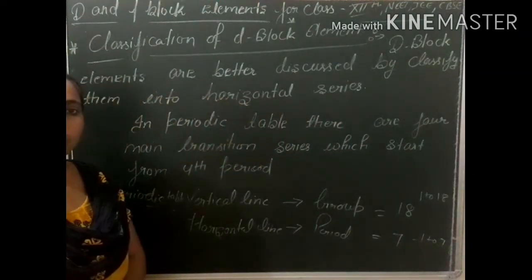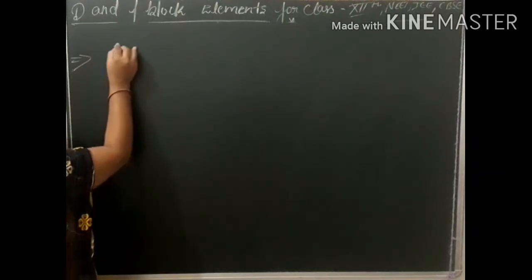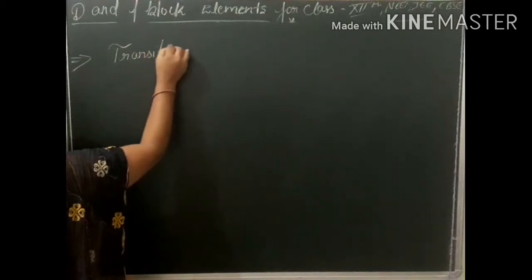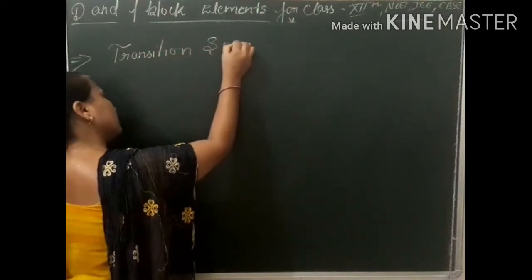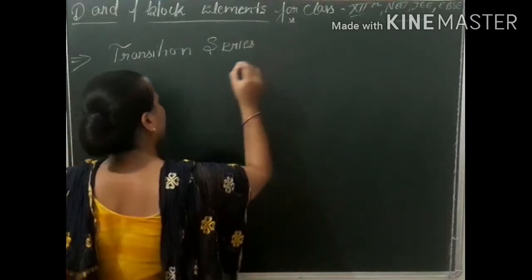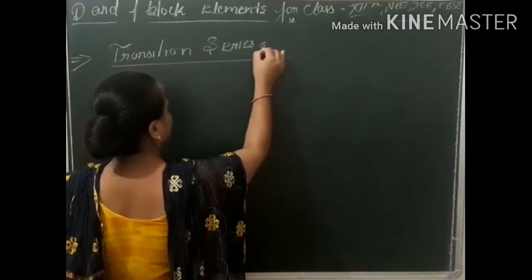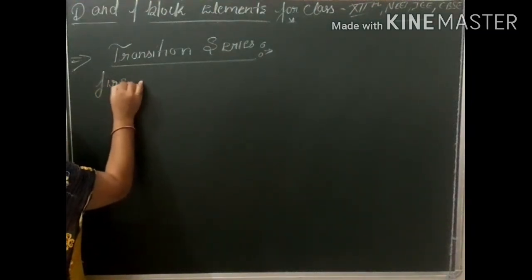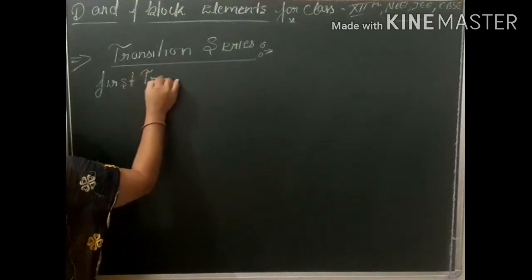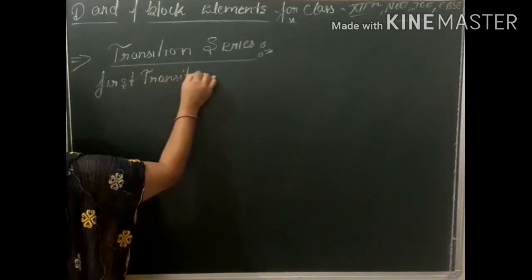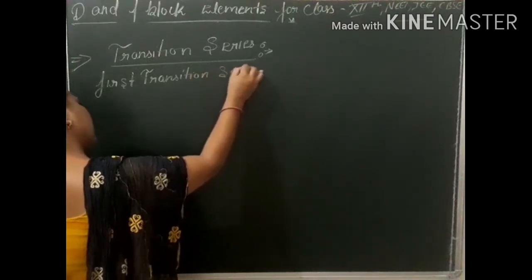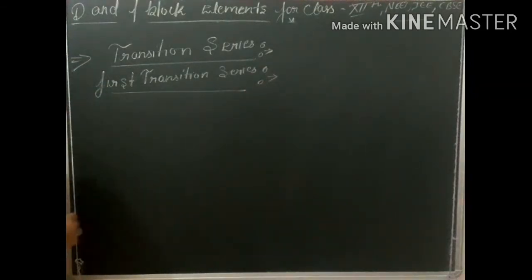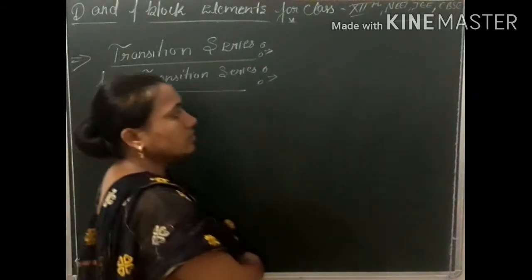Now we will discuss the four main transition series. The first transition series starts from scandium and the last is zinc.